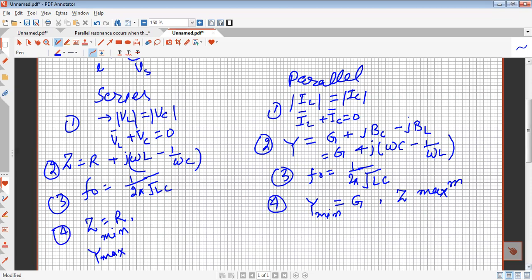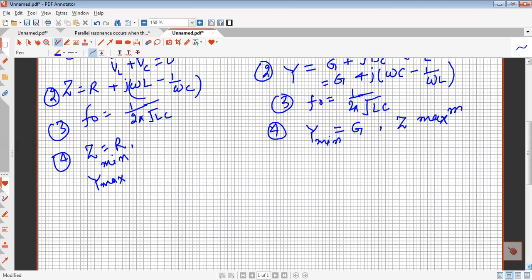The fifth one is the phase difference between voltage and current, which is 0 for series, and this is the same for parallel.